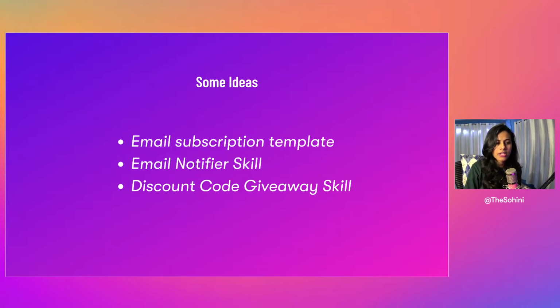Now comes the email notifier skill. Let's say I would want to notify something to your email. That is similar to the email subscription template, but it's a good use case as well. Let's say I have a school, and I would want to notify you about some of the courses.